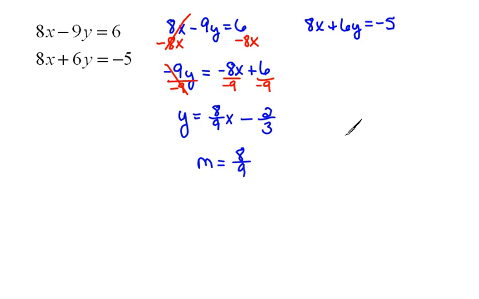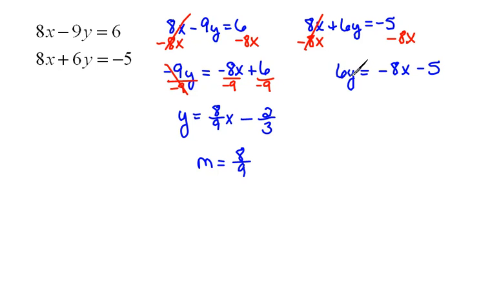Now let's do the second one. So we want to get y alone. So we're going to subtract 8x from both sides to remove that. So now we have 6y equals, again I'm going to put the x's in front, so negative 8x and negative 5.